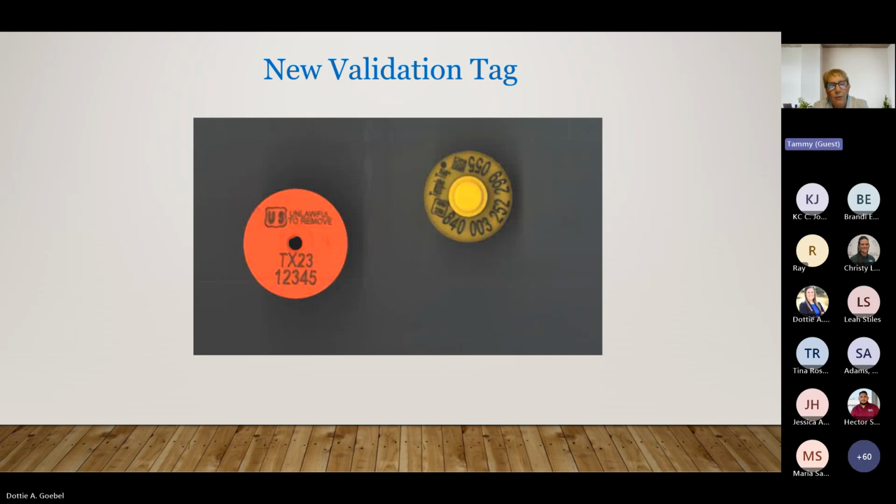We did have those tags reprinted, and our replacement tags this year for the major stock shows did have the metal tips, and the State Fair of Texas tags will have the metal tips as well. So that was an issue that we got worked out with the company, and those folks that did have infection issues this year that notified us at the office, we did replace those tags free of charge.